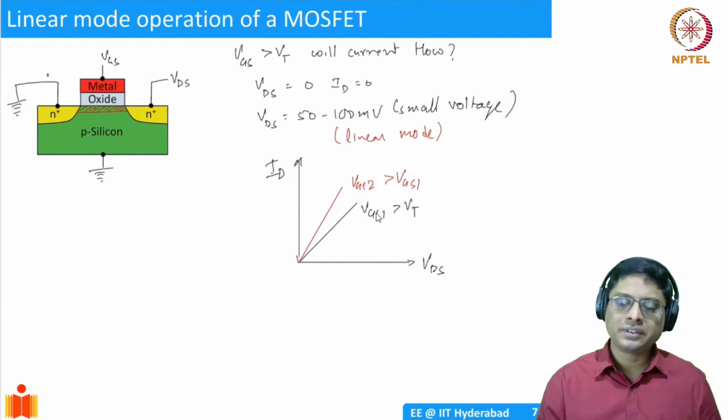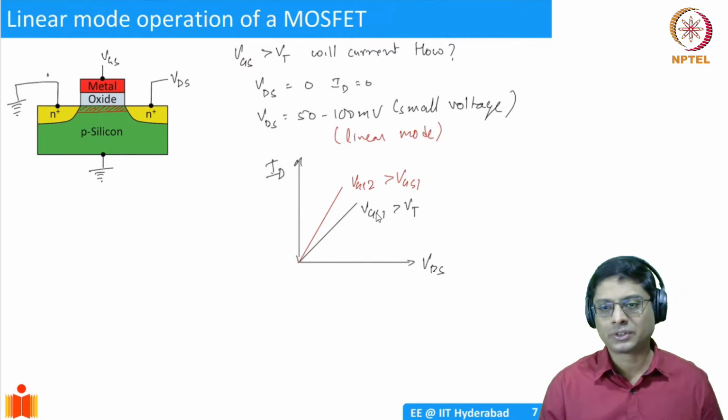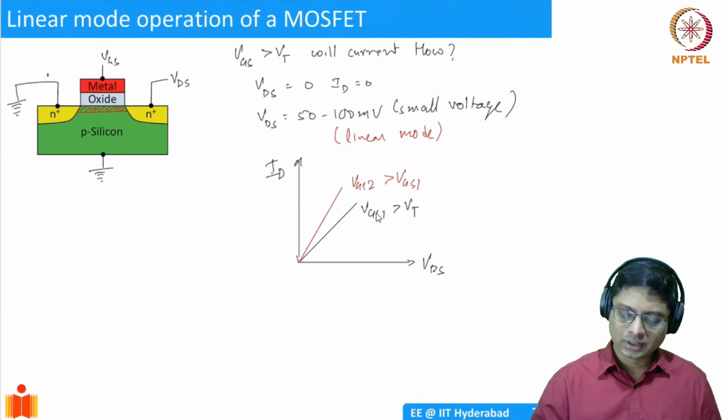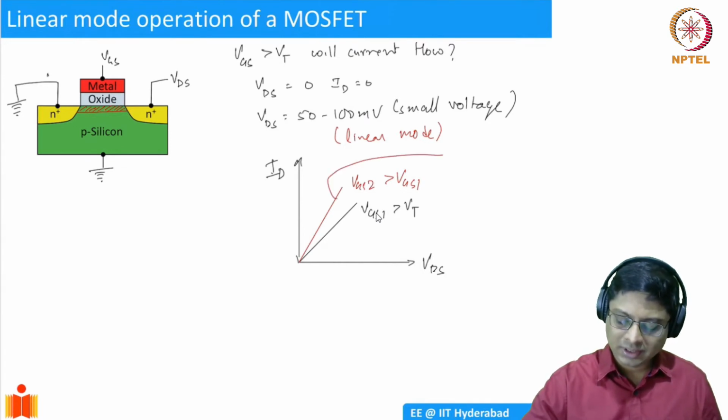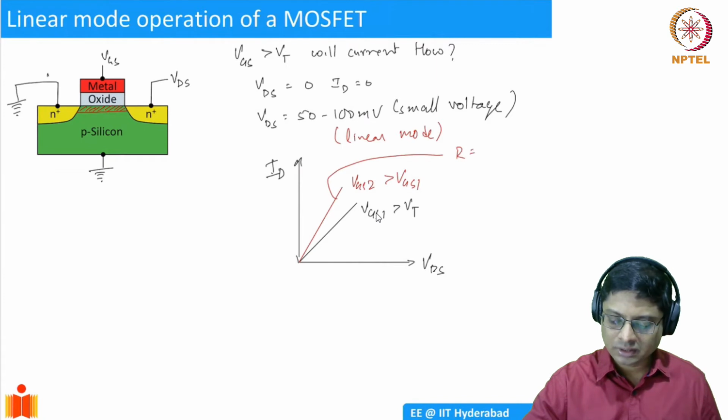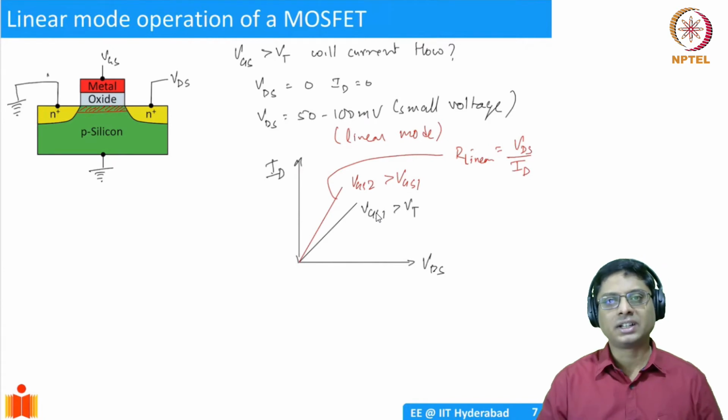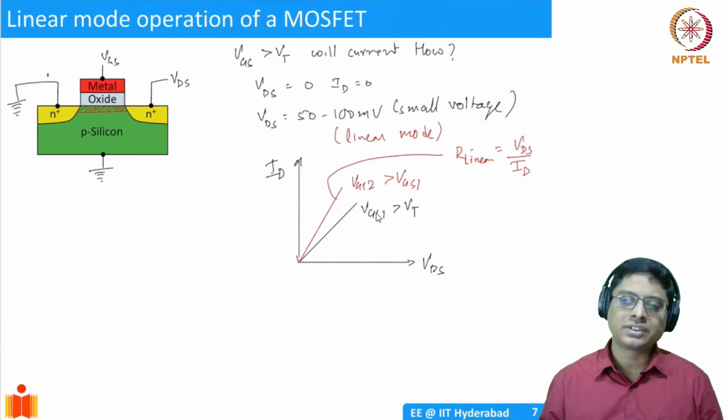So effectively, we are controlling the resistance of a MOSFET, and it's simply following Ohm's law. Okay. So the resistance is simply going to be R linear, I'll call it. R linear is going to be simply VDS by ID. That's it. This is my resistance, right? As you increase the gate voltage, the resistance reduces, so you have higher current.